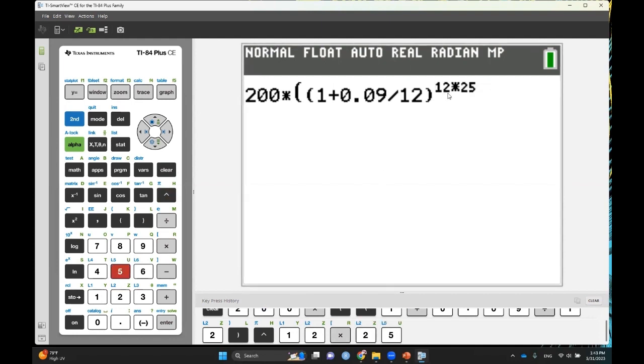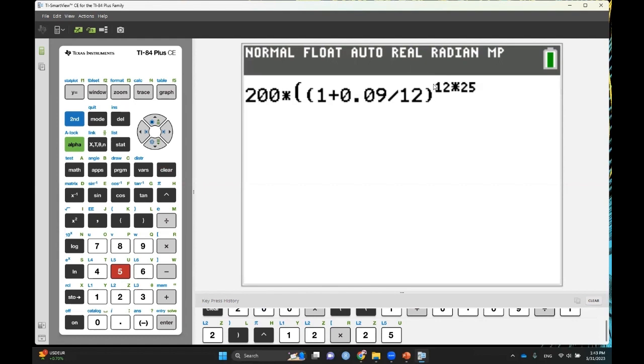In my calculator, when I raise to the exponents, my cursor is automatically raised to the upper right corner. Okay, so if that is the case, I do not need to add a parenthesis around 12 times 25. But if your calculator is TI 83 or 84, not the plus, then your cursor will not automatically raise to the top.